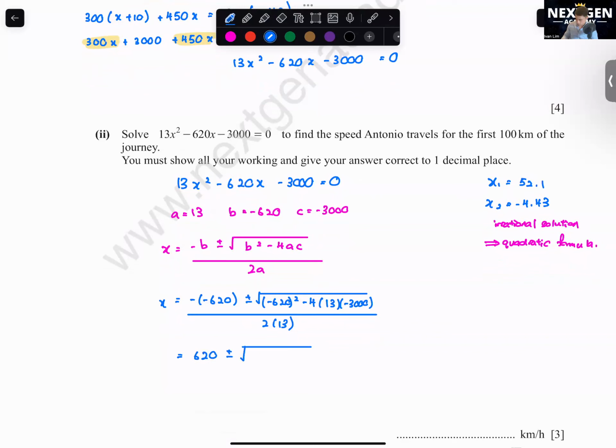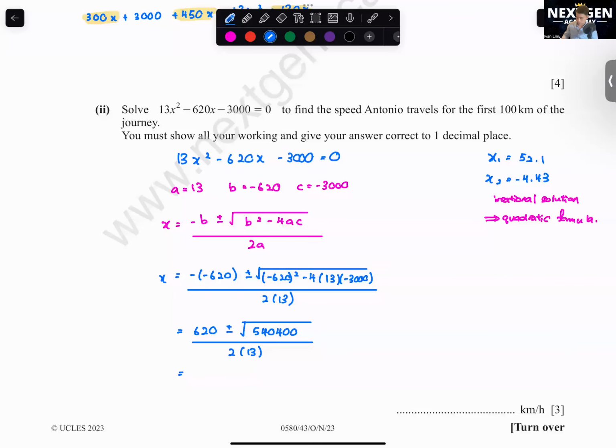You should get 540,400 over 2 times 13. One is plus, one is minus. You will get x equals 52.11, then x equals negative 4.43.